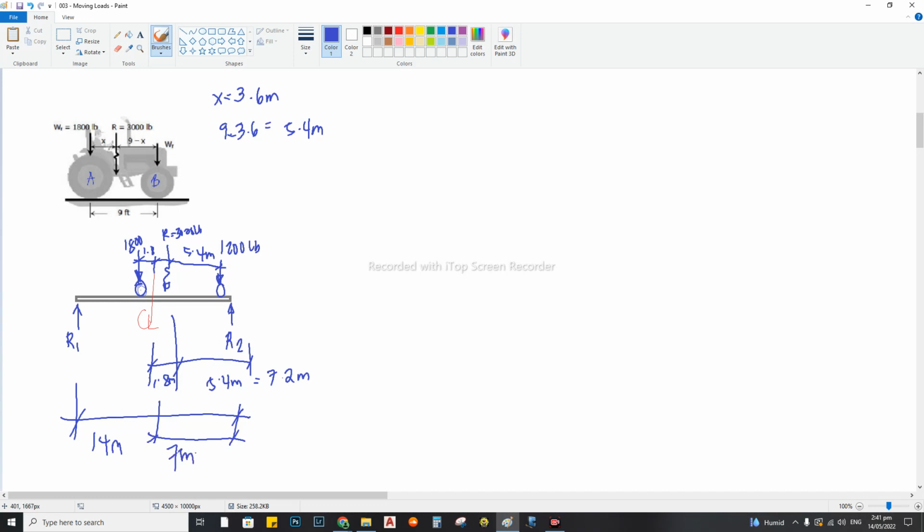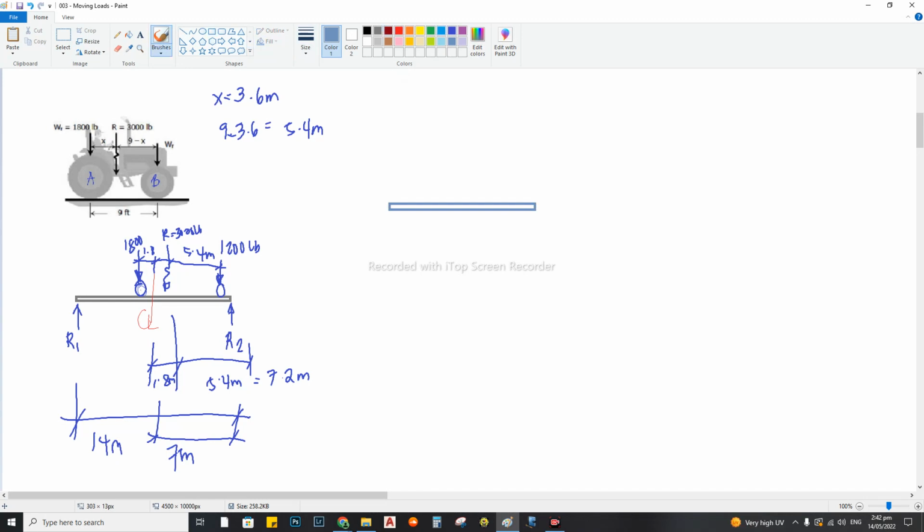So nigawas si load B. Kasabot, nigawas man si load B, bali para makuha na itong maximum bending moment ni load A, isa na lang ang mabilin. So nakagawas si load B, si load A na nabilin. Therefore ato ang maximum bending moment for this problem for load A is naa siya nag-act sa tunga.